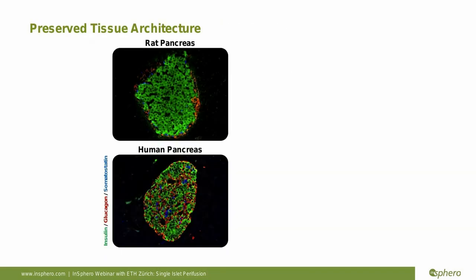We also saw that the tissue architecture is distinct when we make rodent and human islet microtissues, and this corresponds to the differences between rodent and human islets. You can see that in rat islets, in this pancreatic section, there is an arrangement with a beta cell core and a non-beta cell mantle, whereas in humans this is different.